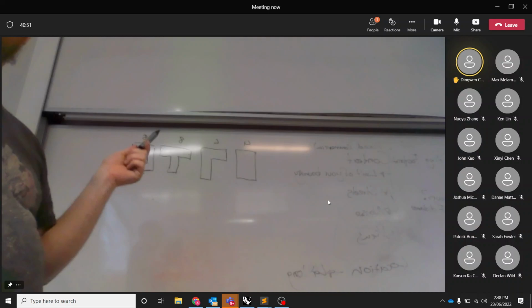And then are these going to be the same? They're going to be different, right? Look, you've got two concave corners by themselves versus two concave corners in different positions, right?